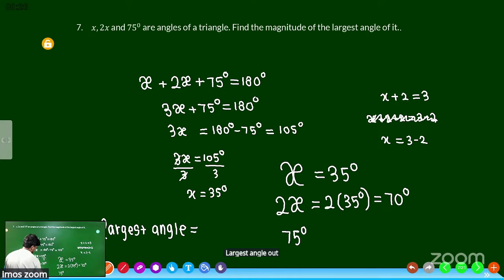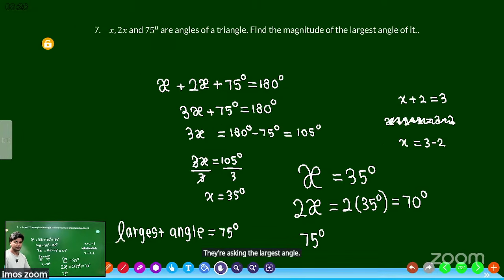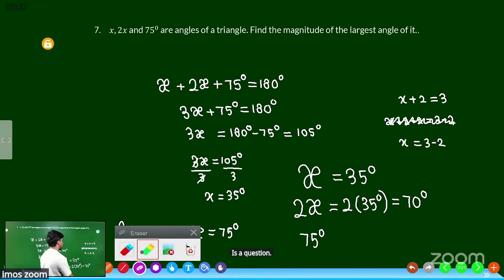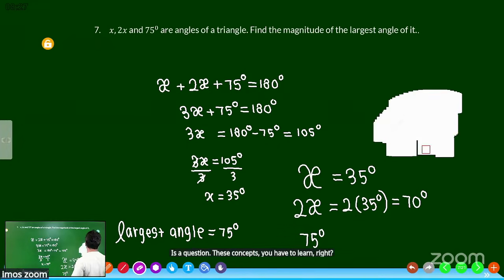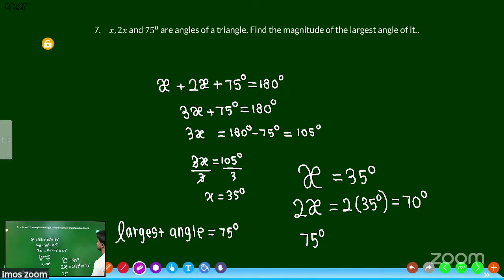Out of 35, 70 and 75, it is 75. They're asking for the largest angle. Easy question. These concepts you have to learn, right? Okay, so let's go to the next question.